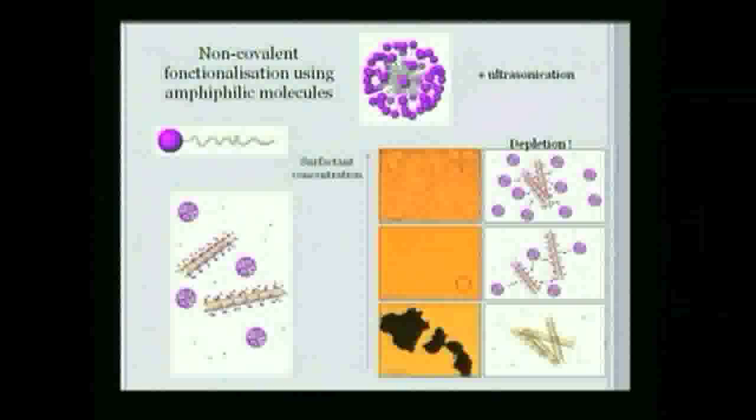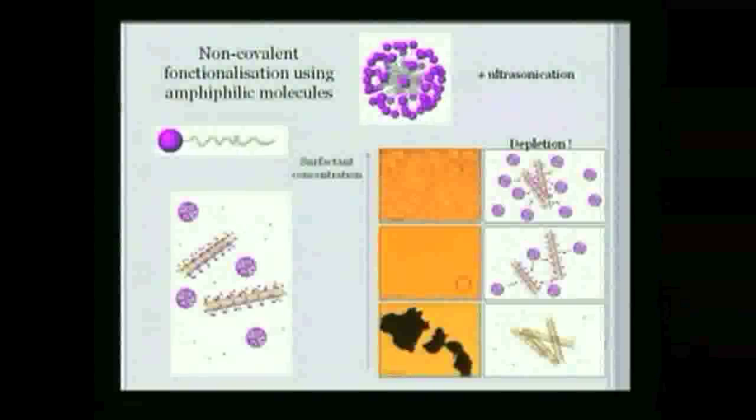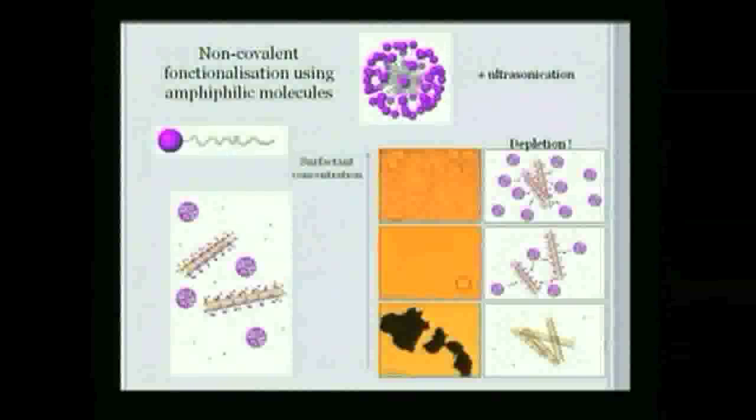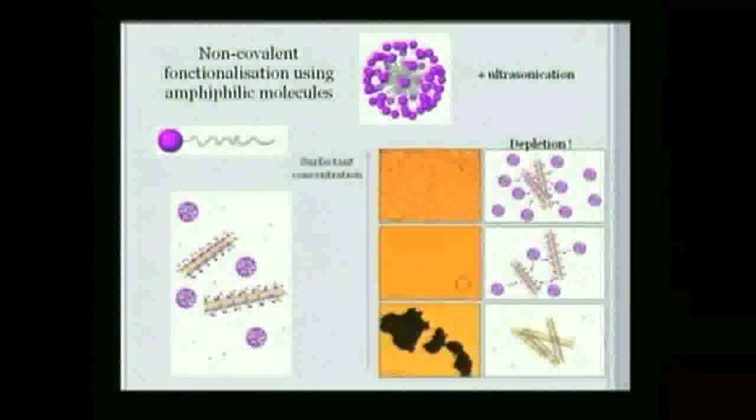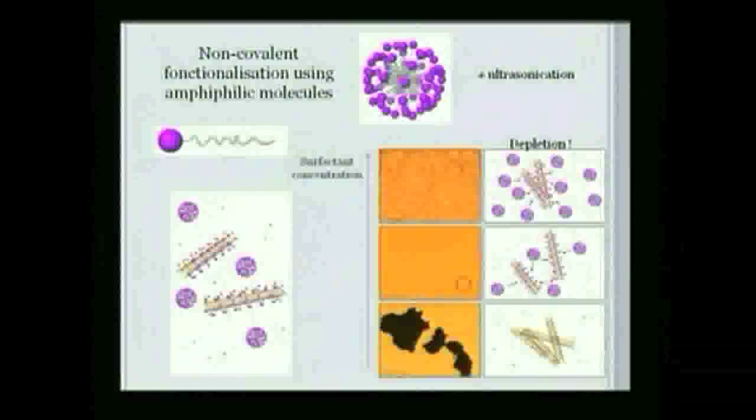Well, in fact, it's a question of balance between the quantity of surfactant that you have and the quantity of area that you develop with your nanoparticles. The smaller the nanoparticles, the more interface you will have to cover with surfactant.